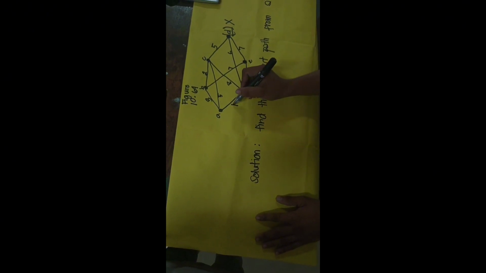So let's start with A. A to F has one value.